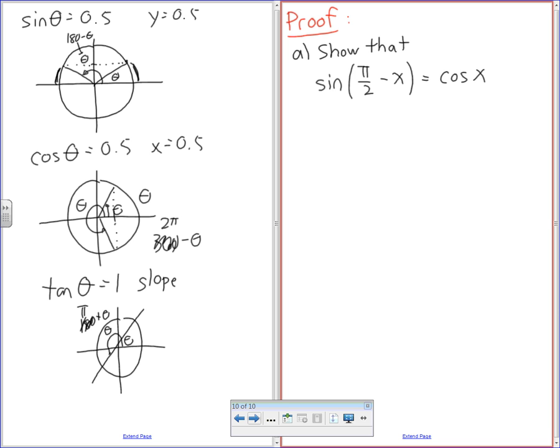Our first proof is going to be showing that sine of pi over 2 minus x equals cos x.